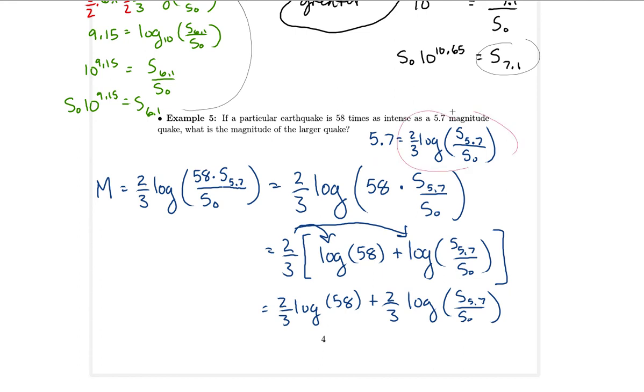I already know that that's equal to 5.7. So punching that in the calculator and adding 5.7 to that gets me 6.88. So if I have an earthquake that is 58 times as intense as a 5.7 magnitude quake, then the magnitude of my larger quake has to be 6.88.